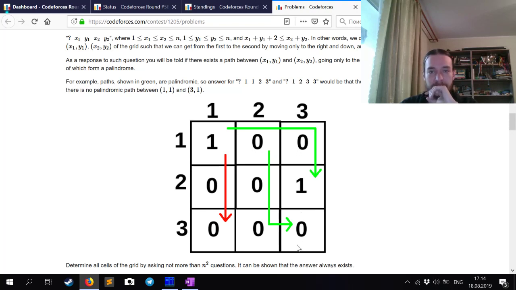If they're different and these are different, then again we can ask and determine everything, because there is only one way this palindrome could happen. But if they're equal but these are not equal, then they can't be a palindrome.